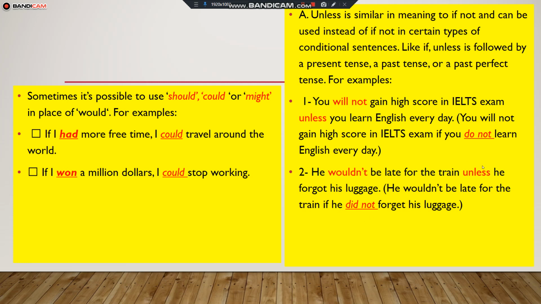So, guys, instead of unless I put if didn't forget his luggage, because in if clause type 2 with the if clause part you have to use didn't to change the sentence from affirmative into negative. Okay, guys.